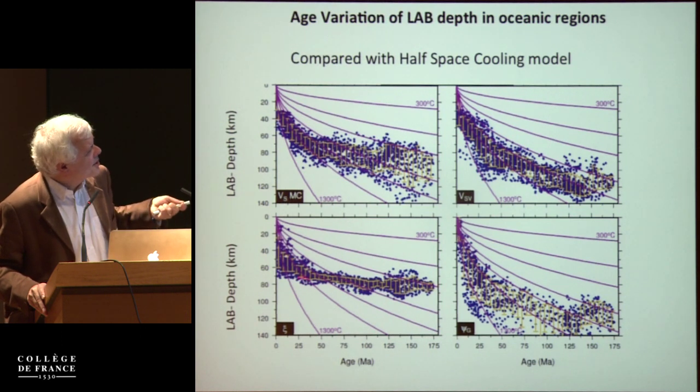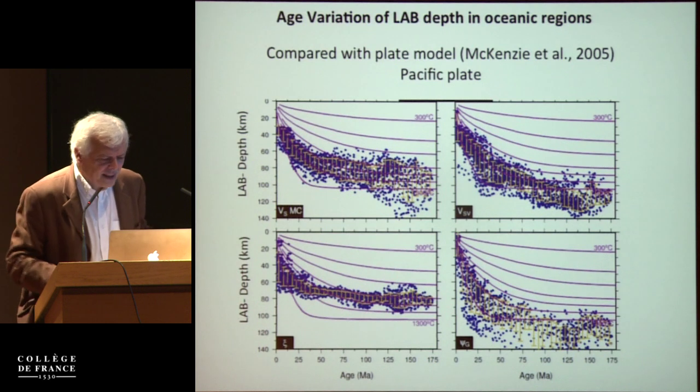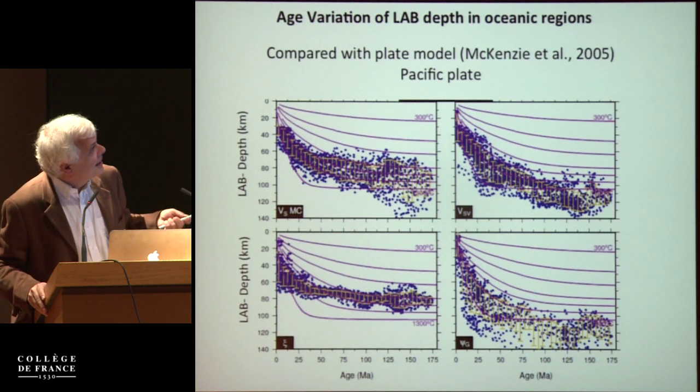The most interesting result regards this discontinuity here, obtained from the radial anisotropy. You see that it is increasing very rapidly, and afterwards it's almost flat at about between 60 and 80 kilometers. So we don't have this thickening for this parameter. And we did the same plot, but now we are using a plate model. It is a plate model of Mackenzie in 2005.